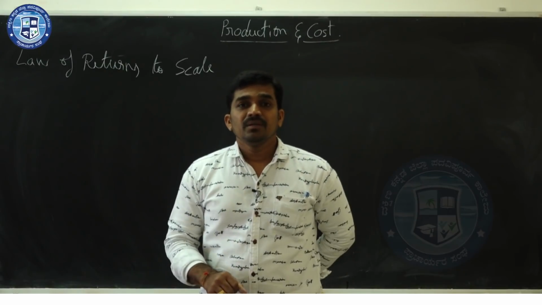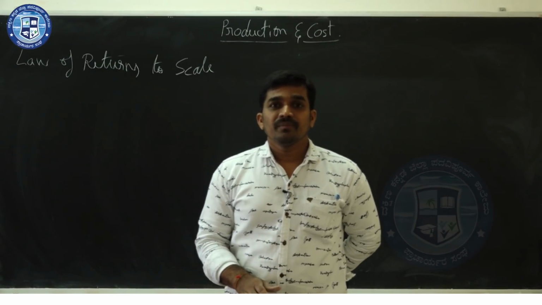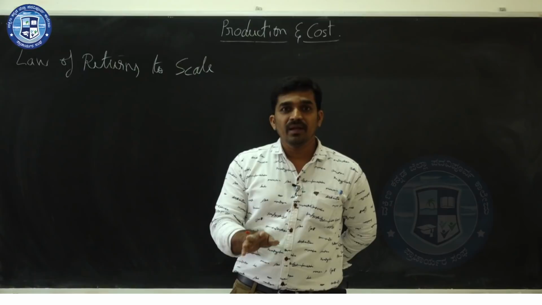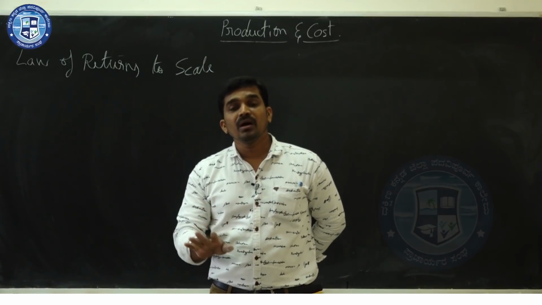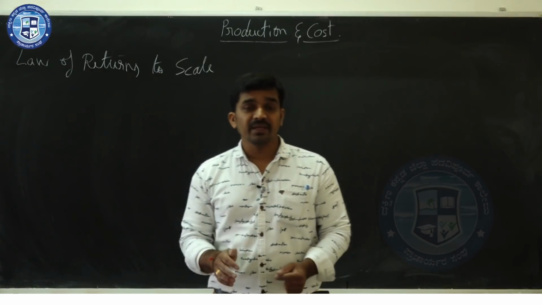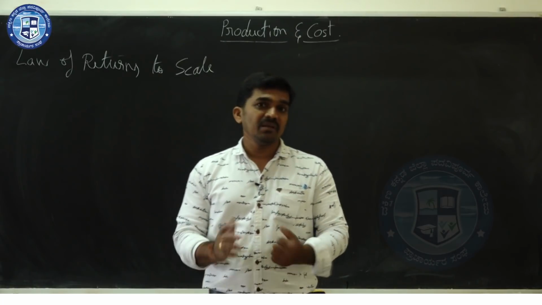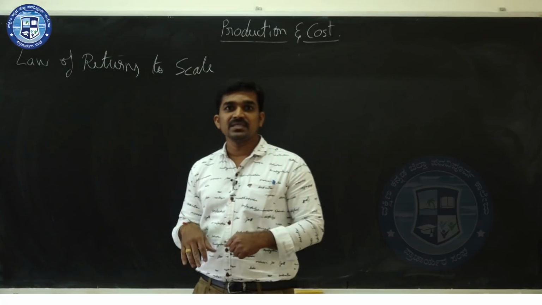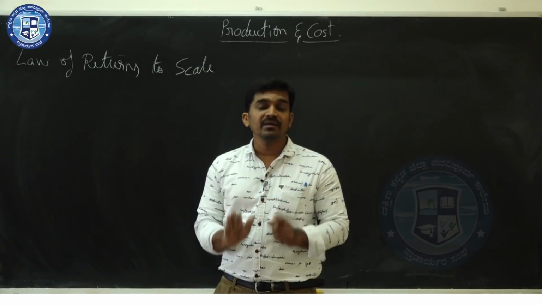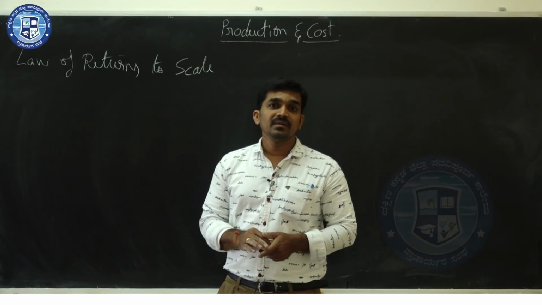Remember, in the long run, two factors, labor and capital, both are varied. In the long run, all the factors are varied, but for the time being, in our example we consider only two factors, labor and capital. Both the factors are variable.